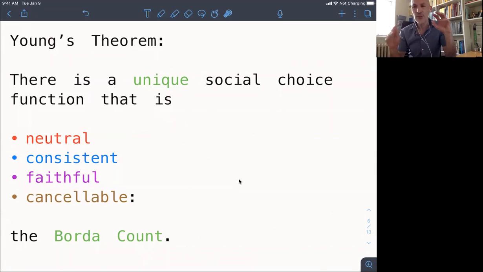That means that if two disjoint populations vote for the same person, then the union votes for that person. Faithful, cancelable. More mathematical terminology that I'm not going to impose on you in this short amount of time. But Young says, if we can't be perfect, the next best thing we can be is the Borda count.